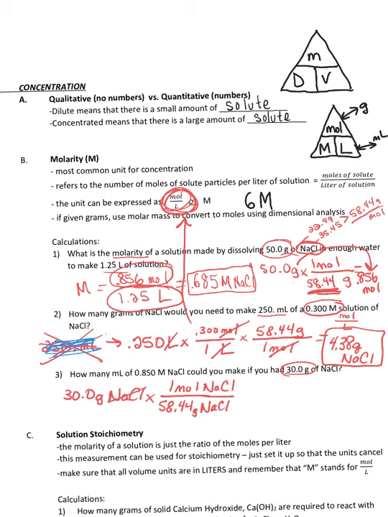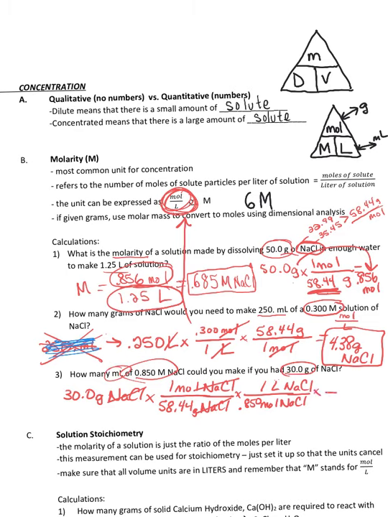Now, using dimensional analysis, I know moles have to go on the bottom. What do I know about moles? My molarity is 0.850 moles are in 1 liter. Notice here I flipped my molarity. My 0.850 moles are on the bottom, but they're equivalent to 1 liter, excuse me. But they don't want liters, they want milliliters.